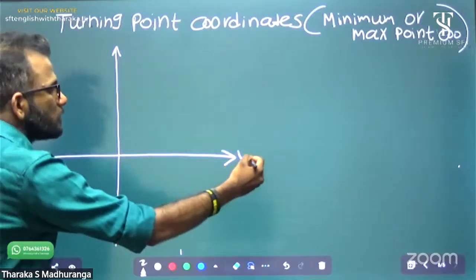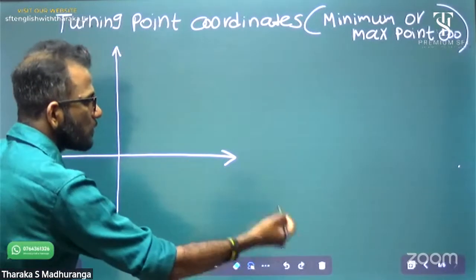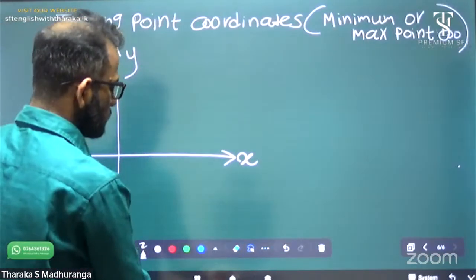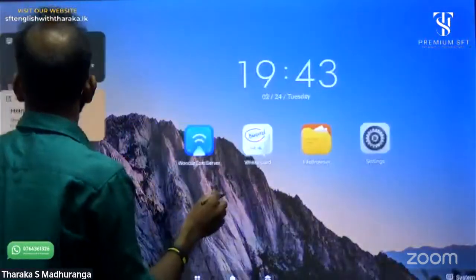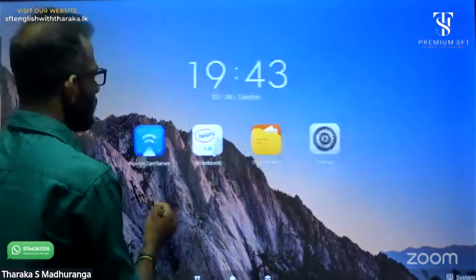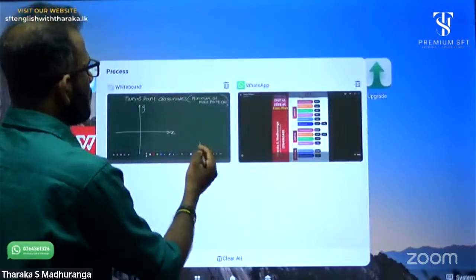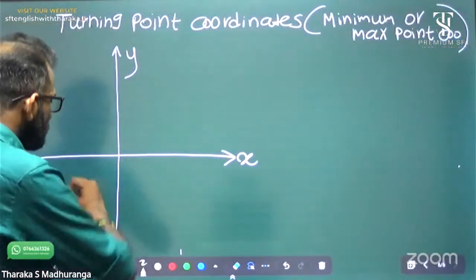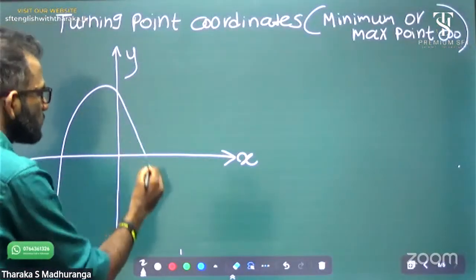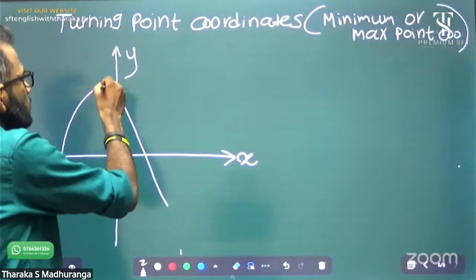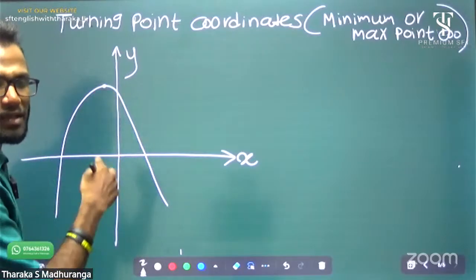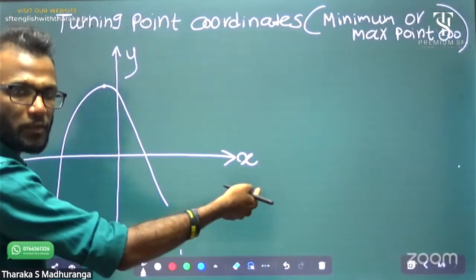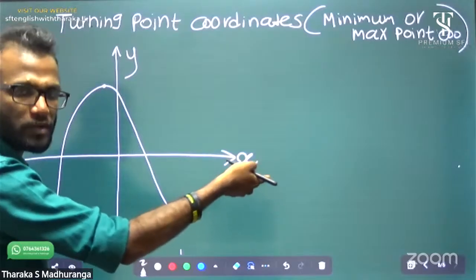This is the Cartesian plane, x coordinate and y coordinate. This is a maximum quadratic function. Now this is the turning point. The turning point is the maximum point for a maximum quadratic function. For a minimum quadratic function, the minimum point is the turning point.